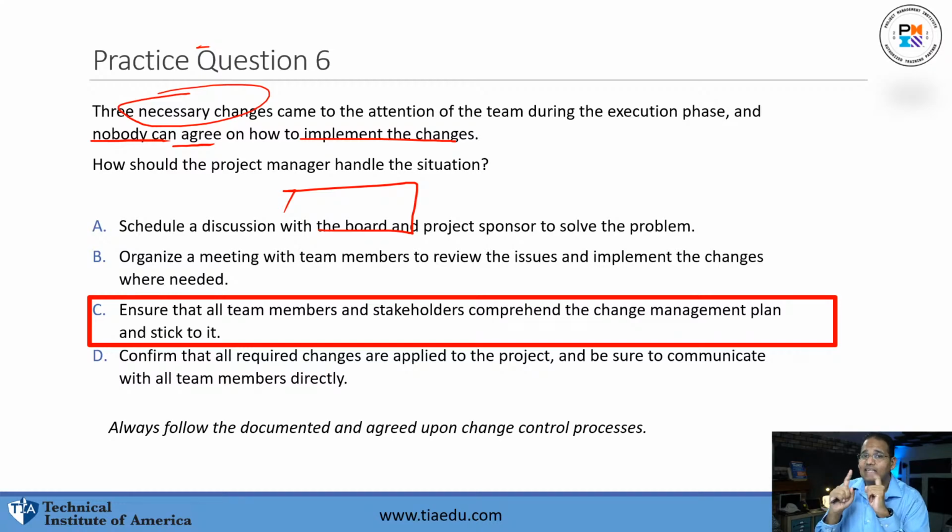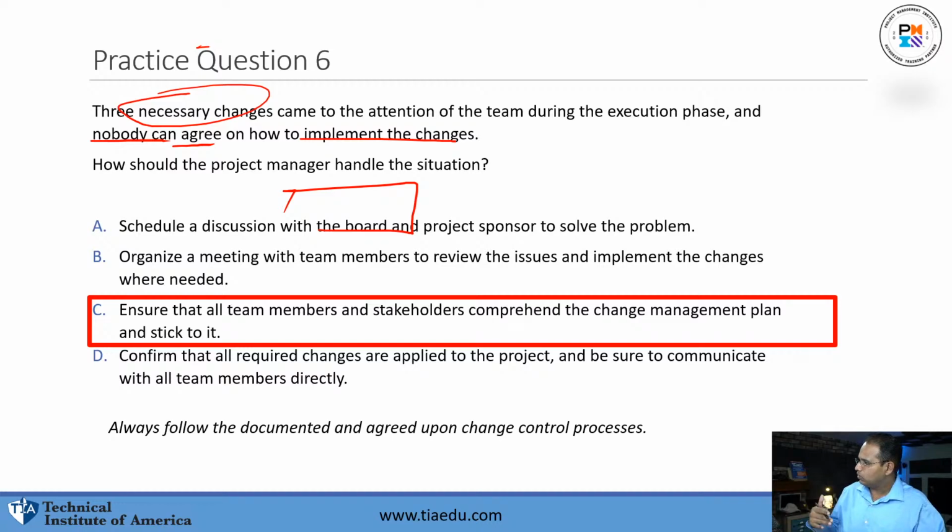Do not take your problems to the board or the sponsor or senior management ever on any question. That's never the answer. That's a throw-out answer, an answer you just put an X on. Senior management, the board, and the project sponsor may make decisions, but they're not going to come up with solutions for you.